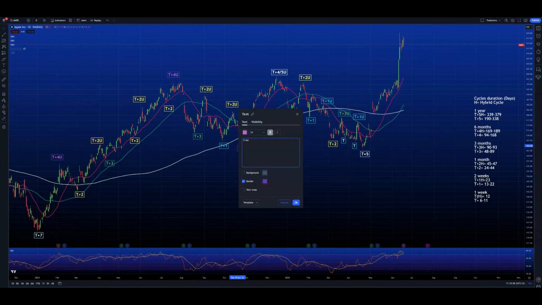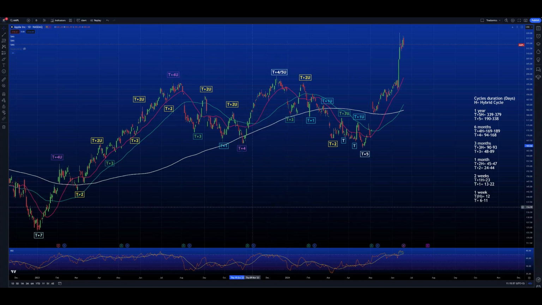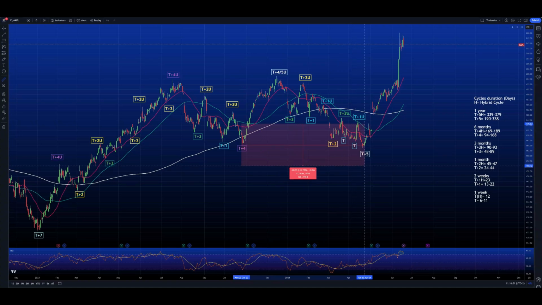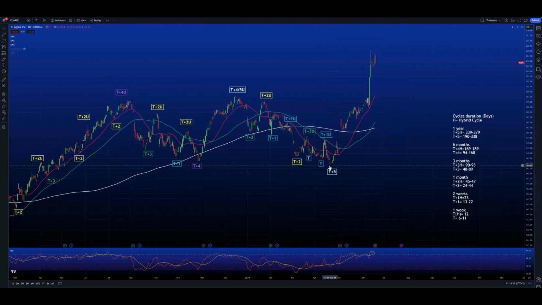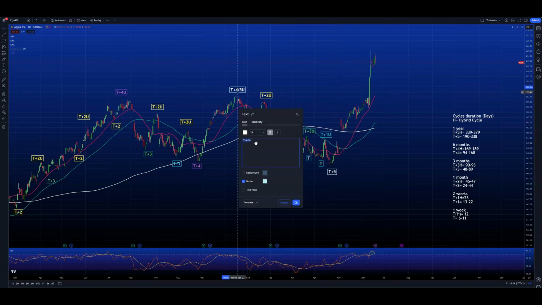Actually, if we gauge total time, we have 120 days. So a new T+5 has started on the 19th of April 2024. Here we have a new T+5.